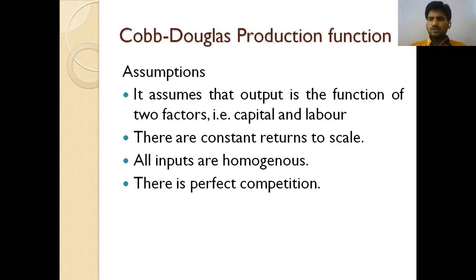So what is going to happen? Then the cost of the product is decreasing. If the cost of the product is decreased, what is going to happen? The number of sales will increase. If the sales increase, then definitely the organization is going to get profit. So that is once we are applying this Cobb-Douglas production function.